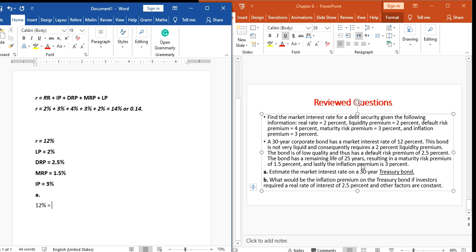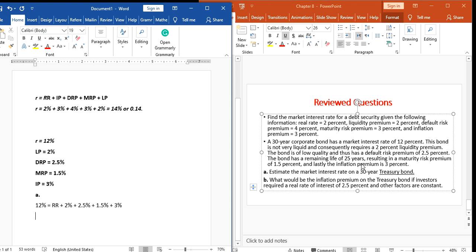RR plus 2% plus 2.5% plus maturity risk premium 1.5% plus inflation premium, sorry, plus 3% inflation premium.